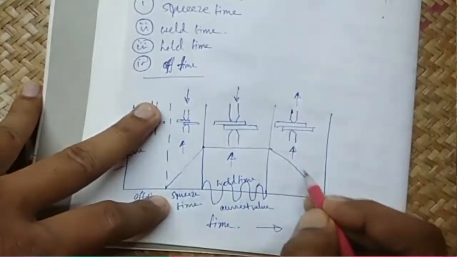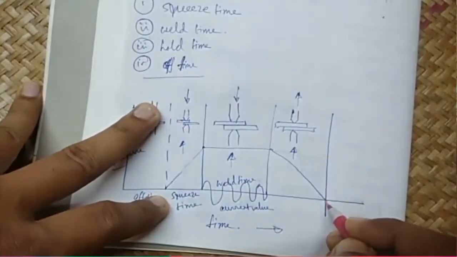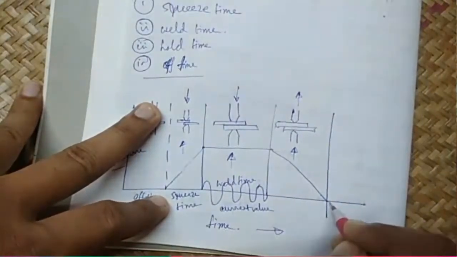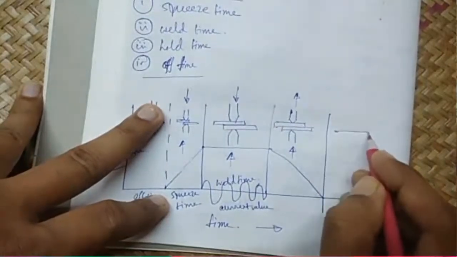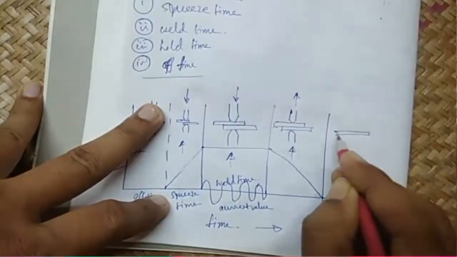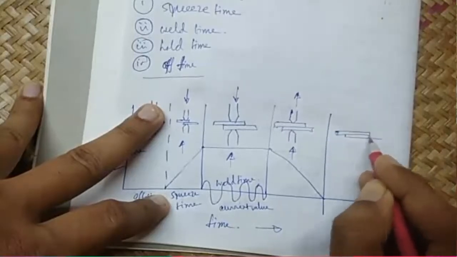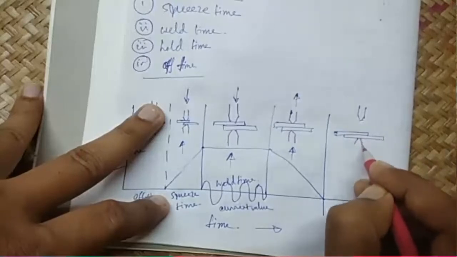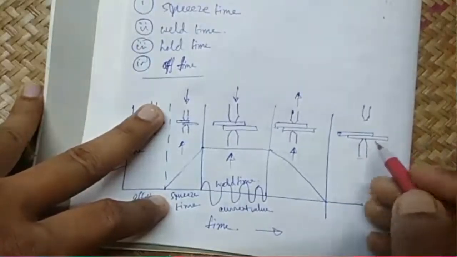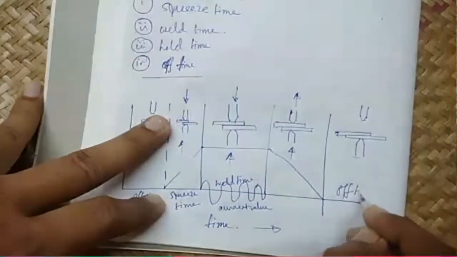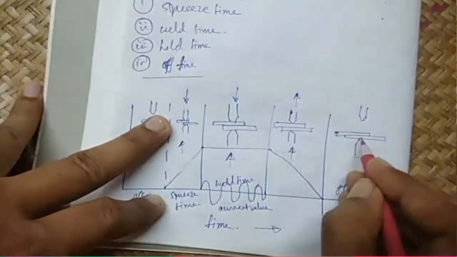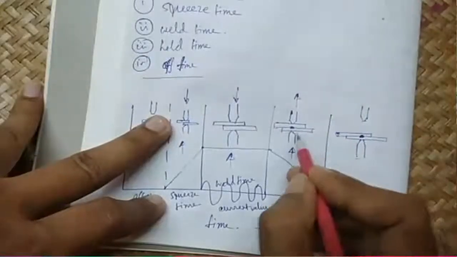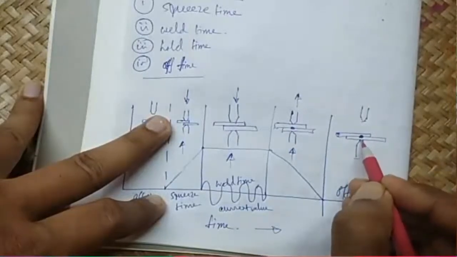Now the pressure slowly decreased, and later on, at the time here, the pressure is totally taken away, but still they are in contact. After that, the contact of the upper electrode is taken away, the electrode is lifted up. This is again off time, and the job is produced here, and this is the weld nugget.